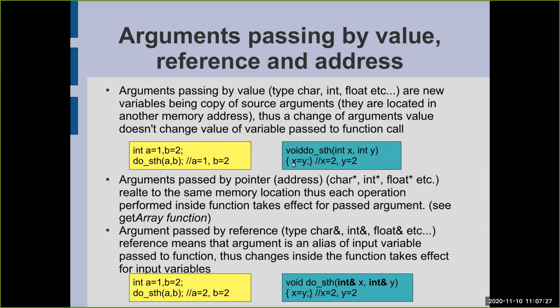In the function body we have x equal y, so we assign value y to x. So what do you think? What will be the result? What will be the values of a and b after calling the do something function?